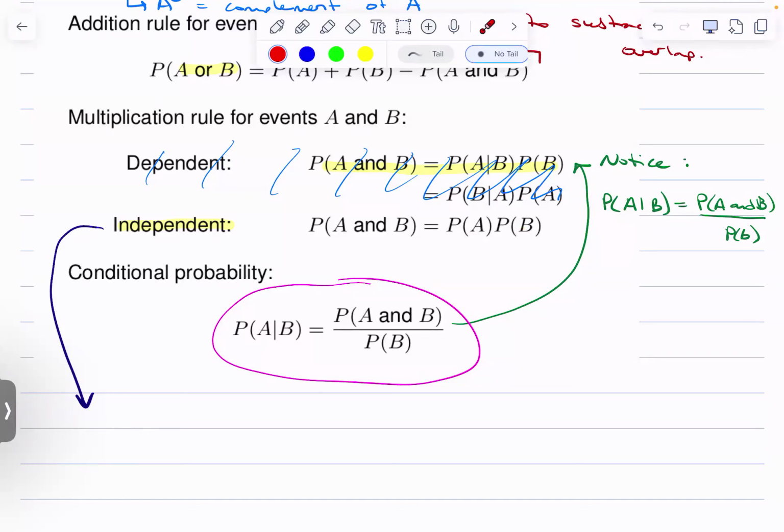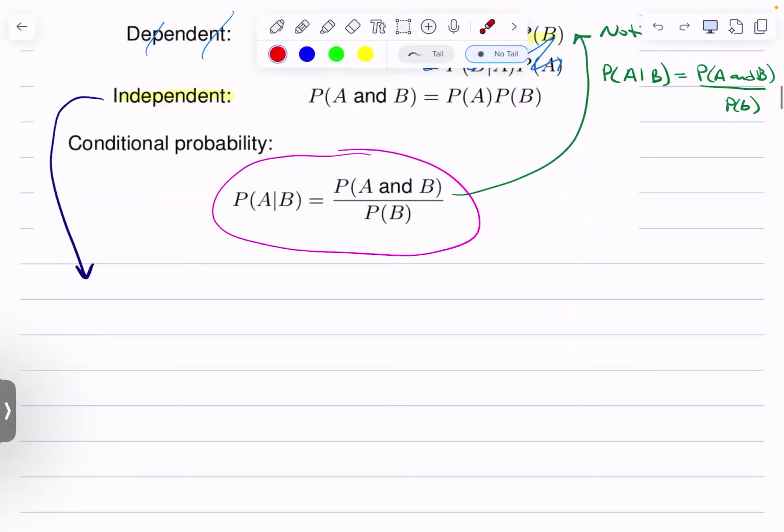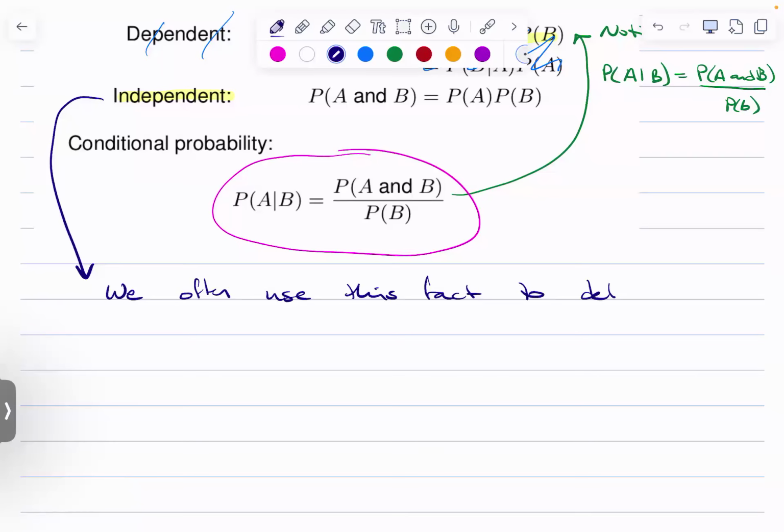And so one of the ways that we use this formula is not usually to find the probability of A and B. It's to confirm if A and B are independent or not. And so we often use this fact to determine if A and B are independent. How?